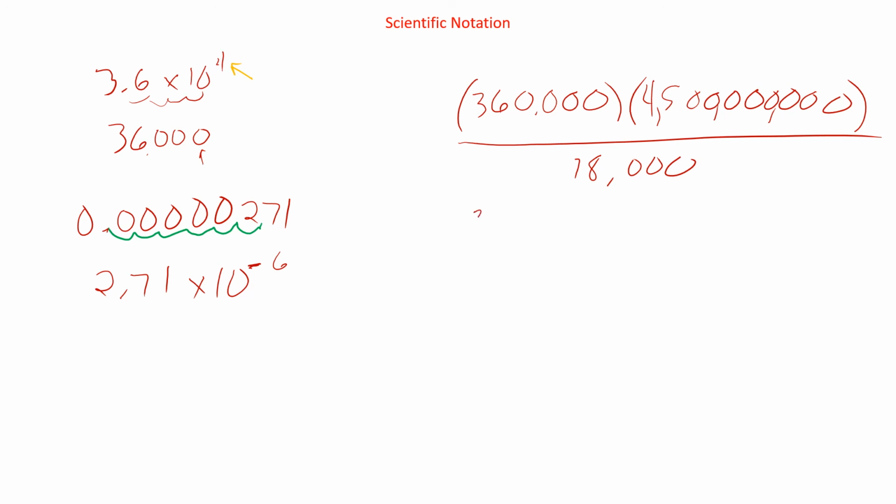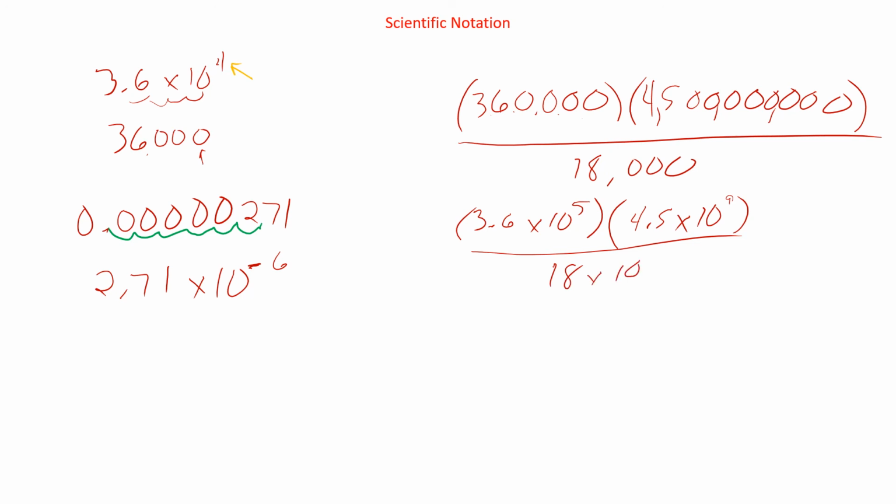This is going to be 3.6 times 10 to the 1, 2, 3, 4, 5. Then we'll have a 4.5 times 10 to the 1, 2, 3, 4, 5, 6, 7, 8, 9, divided by 1.8 times 10 to the 4th.